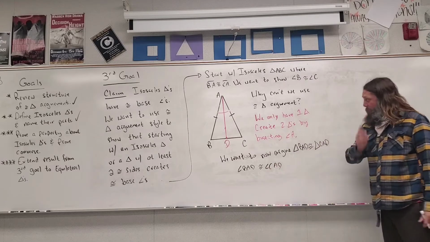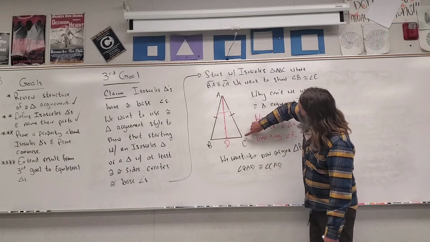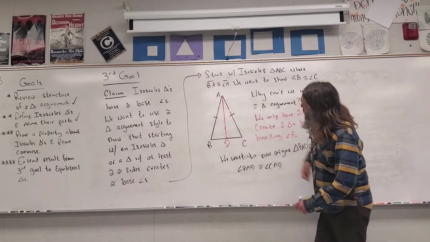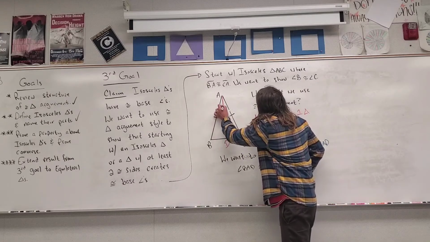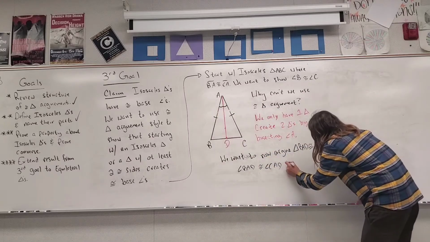And that's true because we bisected angle A, right? So angle BAD is congruent to angle CAD. And let me make better arcs to show that. So I've got an arc that's congruent, and that's congruent because we bisected angle A.